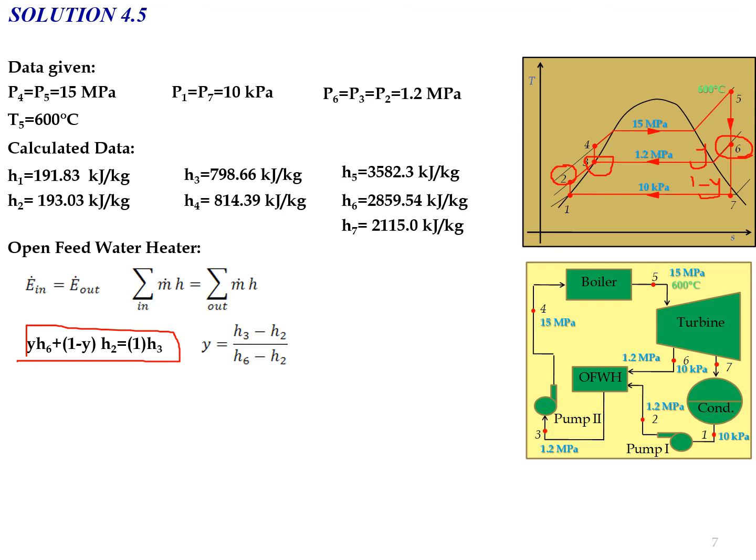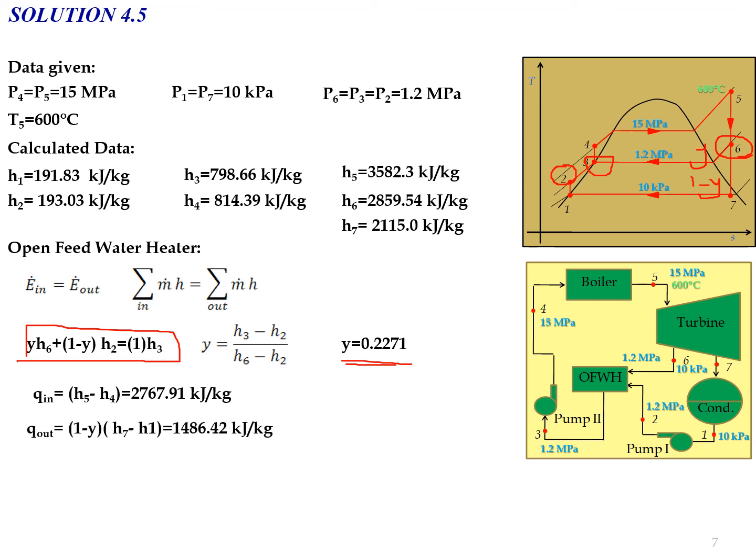So y is equal to h3 minus h2 divided by h6 minus h2, and we can calculate the value of y from this equation. Since we already know all the information, we can calculate the q in and also q out, and from these two we can calculate the thermal efficiency of the system, which is 46.3%. So this is the answer for question 4.5.